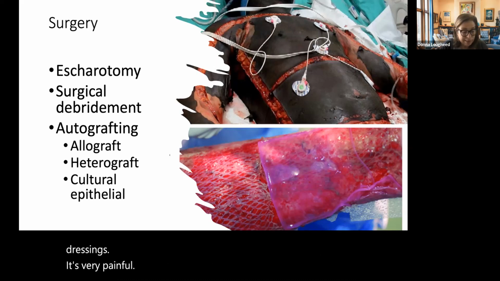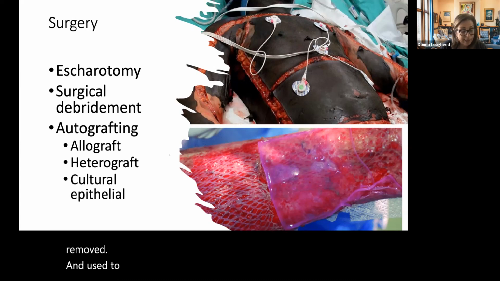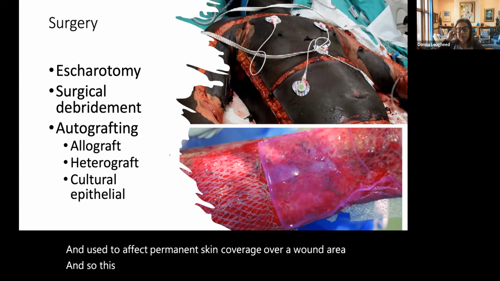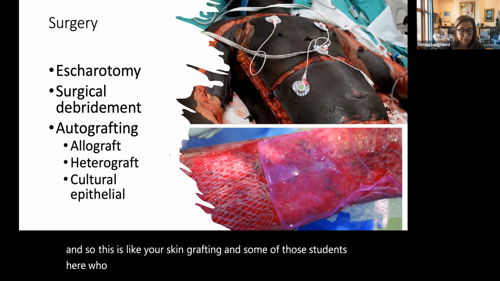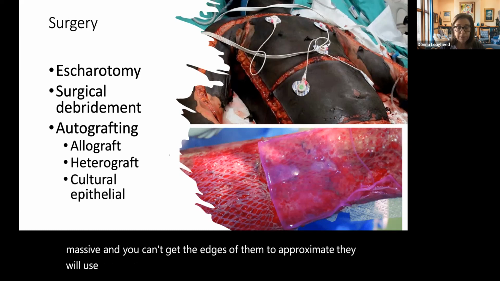Autografting is a procedure in which a part of the patient's healthy skin is removed and used to affect permanent skin coverage over a wound area. And so this is like your skin grafting. Some of those students here who are on a surgical unit have seen where wounds are so massive and you can't get the edges of them to approximate. They will use a skin graft to close that wound.